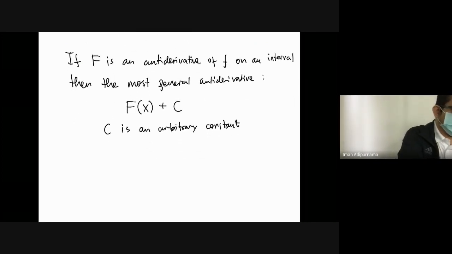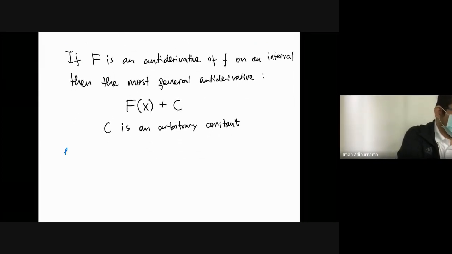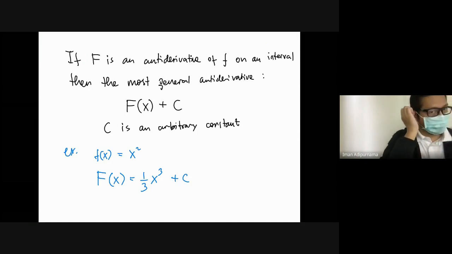So for example, if we have f of x is x squared, then the antiderivative will be 1 over 3 x cubed plus C. Okay, remember this is before we introduce the integral symbols.